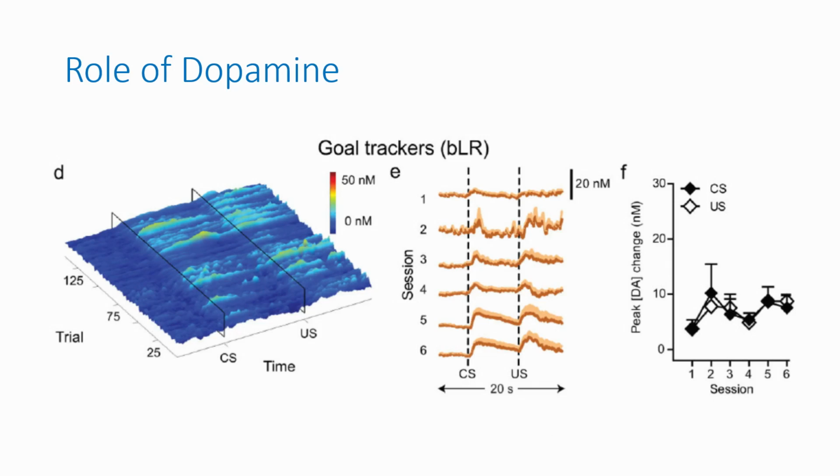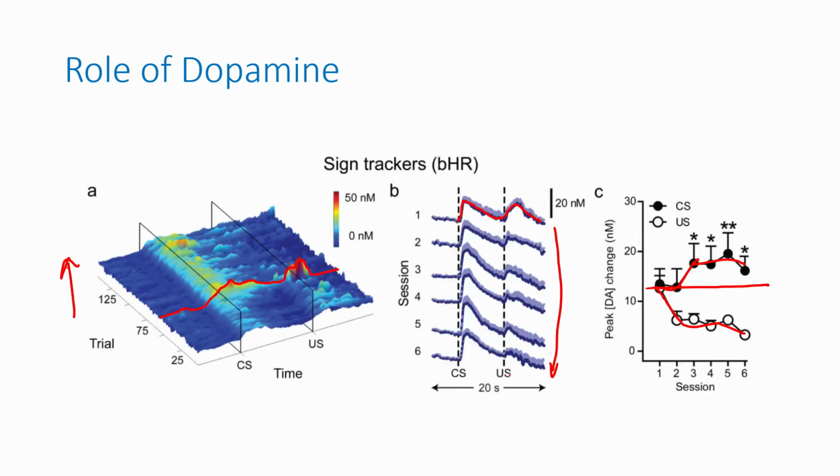And what you see is that for both the CS and the US, the dopamine is increased. So, this is against the sign trackers, where we see the dopamine increase to the US goes down. That is what we characterized here too.